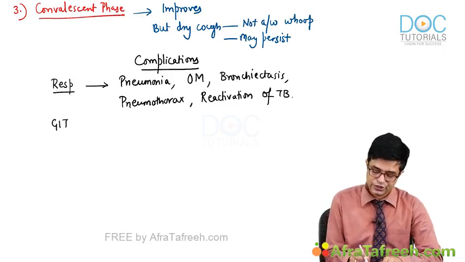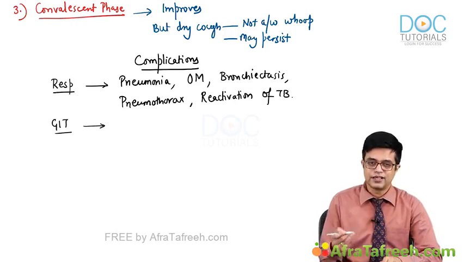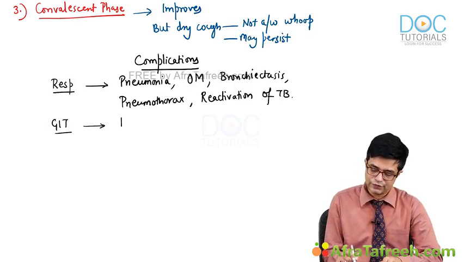Then GIT complications: because of recurrent violent coughing, the intra-abdominal pressure will rise, and so the patient will develop hernias and rectal prolapse.